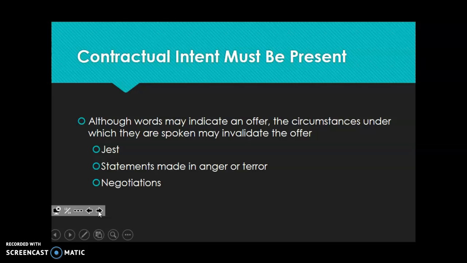For example, if I say, I am so tired of my dog, he's aggravating me to death, I'll sell him to somebody for $1. I say that in jest. I don't mean that I'm going to sell my dog for $1. So that's an example of something that would invalidate the offer of a contract.